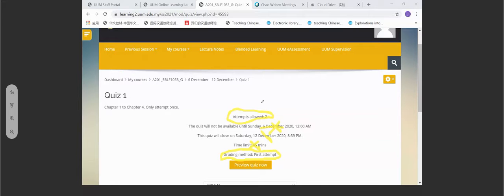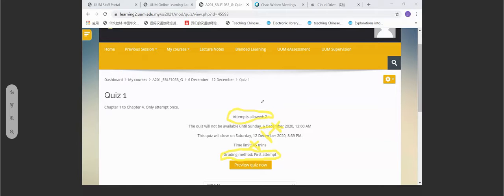The second attempt is a backup for those students who failed to submit the first time. But if you have a record for the first time, then never do the second time anymore. So this is what I want you to understand. About your attempts, is it clear or not?